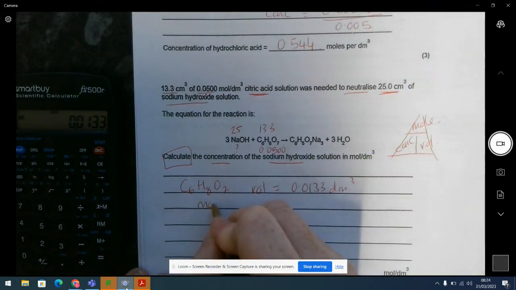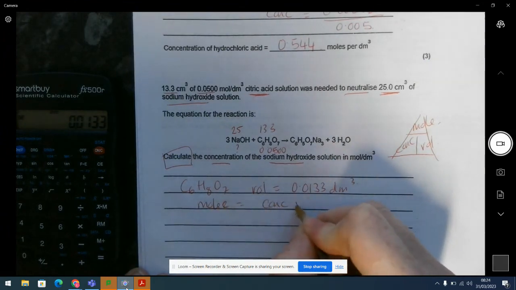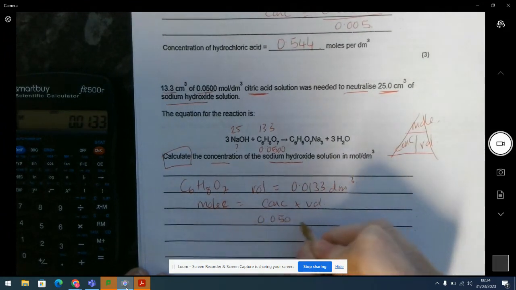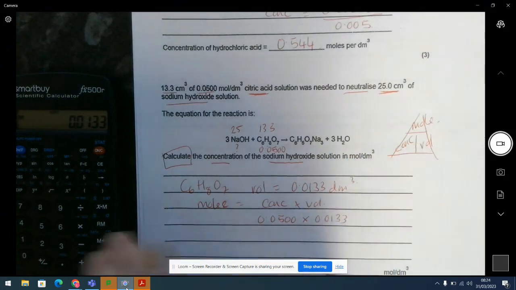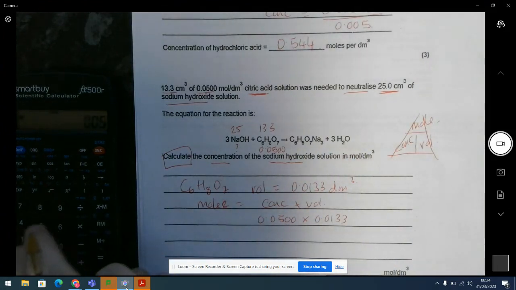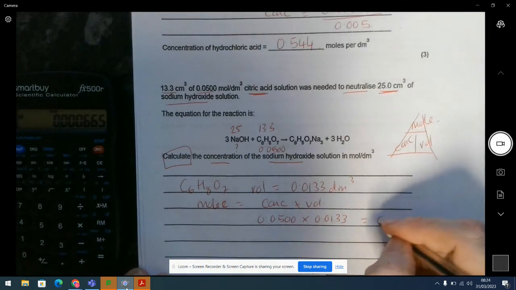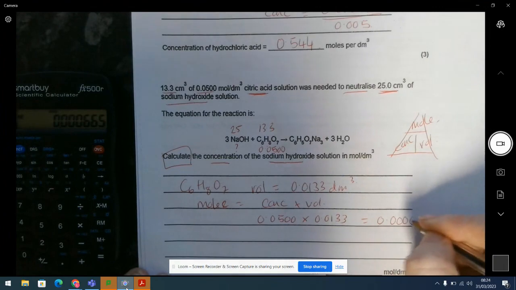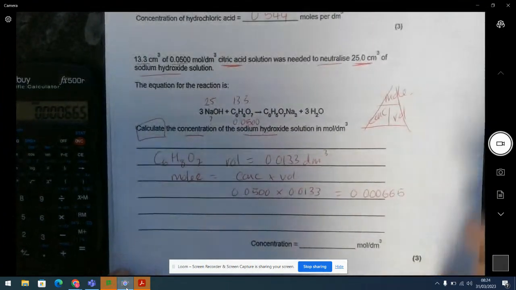To then work out the moles, I'm going to do concentration times by volume. So 0.0500 times by 0.0133 gives me a molar value of 0.0000665. Again, it could be in standard form, that's fine.